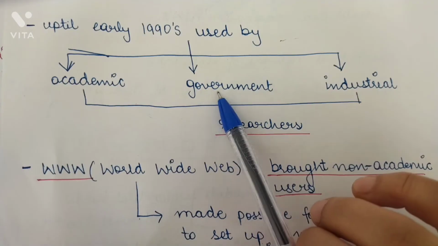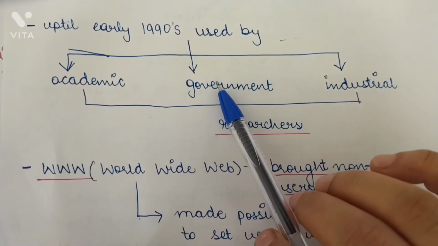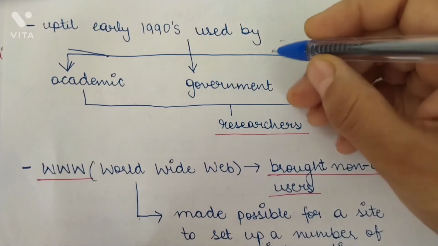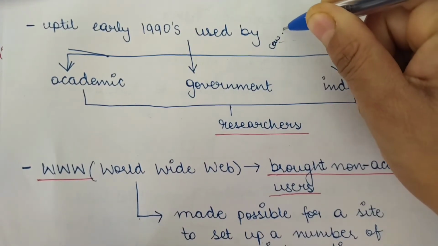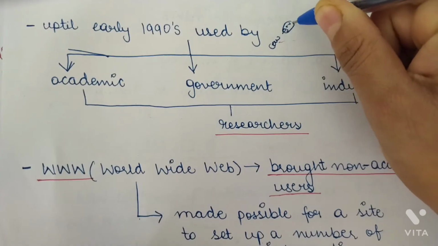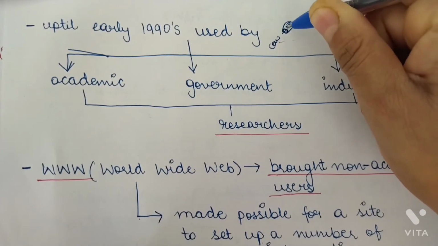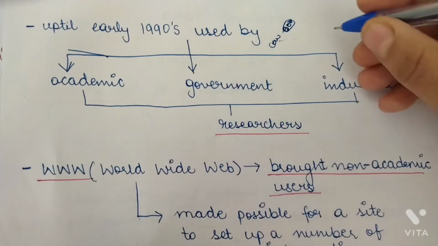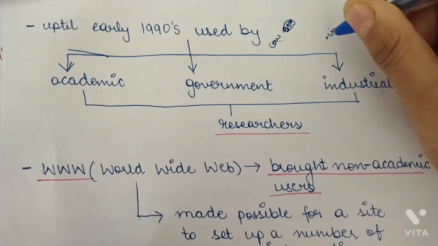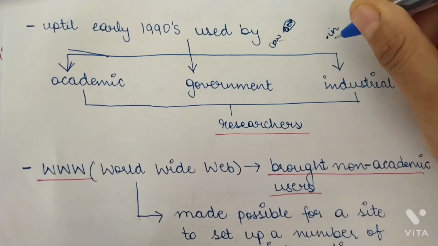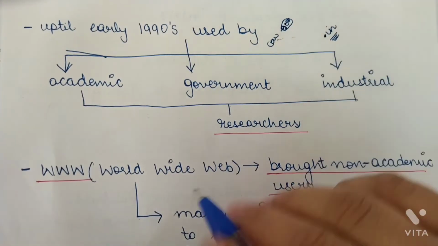Or a government organization, like nowadays you use for the CoWIN app, cowin.gov.in. Any organization that uses gov is a government organization, and any organization that uses IN is usually an industrial organization.